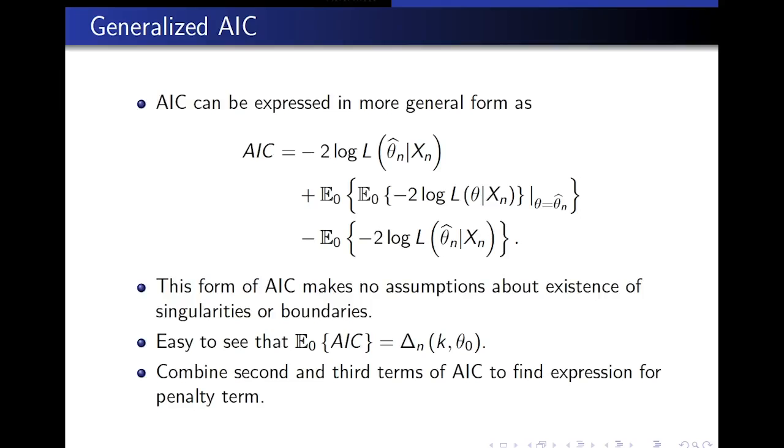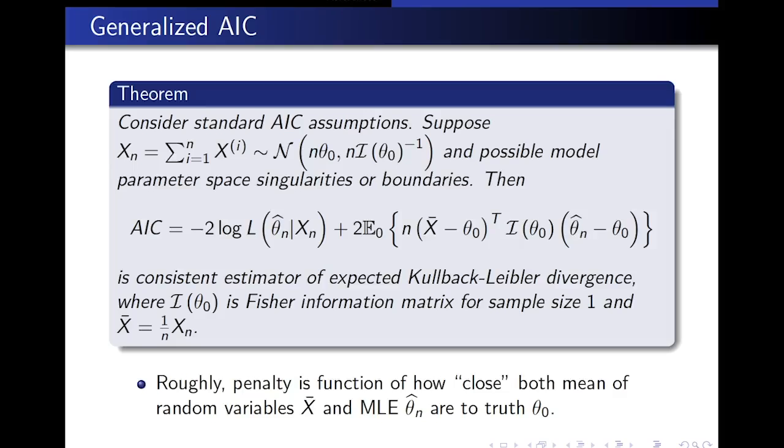Then when we take the expectation of the AIC, the first and third terms cancel out, and all we're left with is the middle term, which is the expected Kullback-Leibler divergence. So then this form of the AIC is more general than the standard form, and we can adapt it to models with singularities or boundaries.